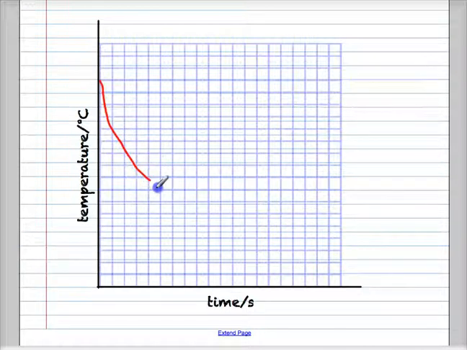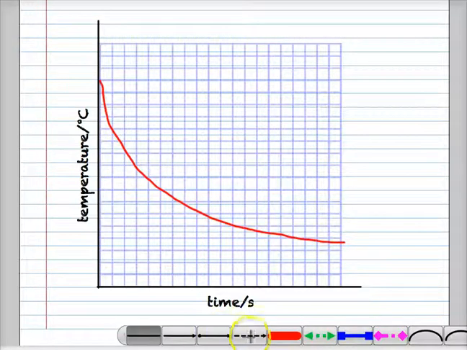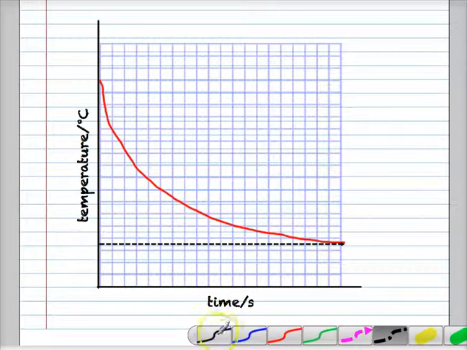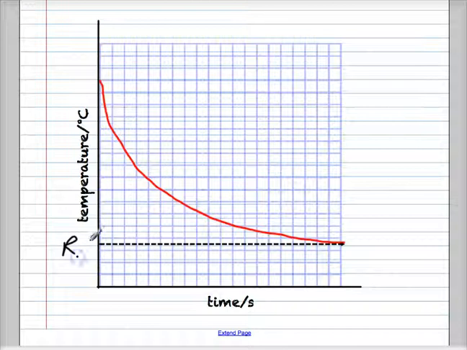And gradually, as it gets closer to room temperature, the rate at which it cools down will slow down. And when it reaches room temperature, and this temperature here would be room temperature, label that RT.